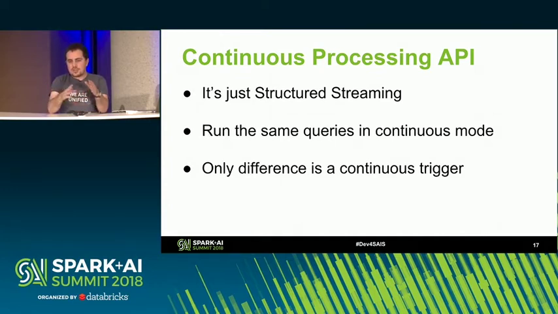We just have a different Scala type there that says, at this interval, I want you to take a checkpoint of a continuous processing query. Nothing else about the query needs to change, and Spark will just run it.